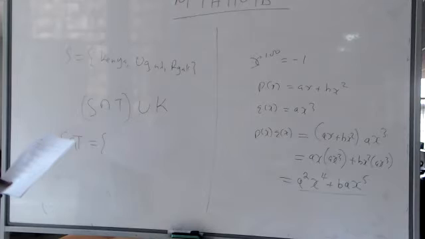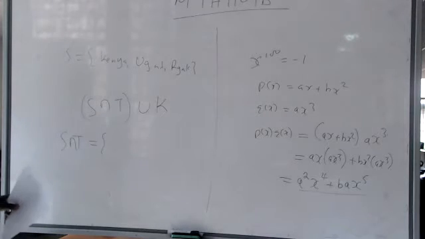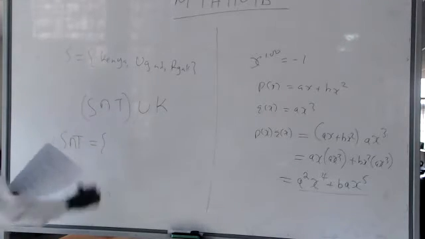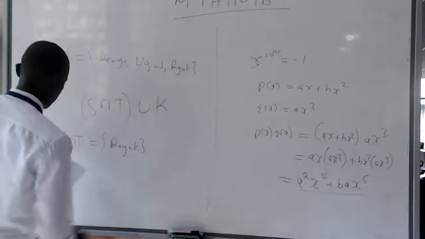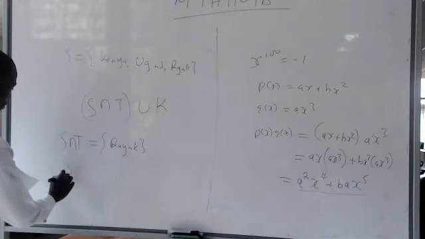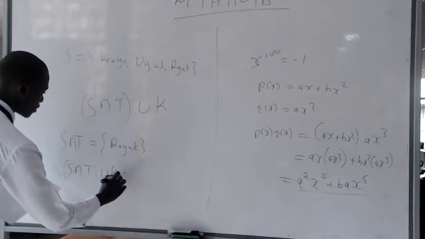So which are those elements for this case? Ragak. Yes. It's the only one. Then now you need to compute S intersect T union K.